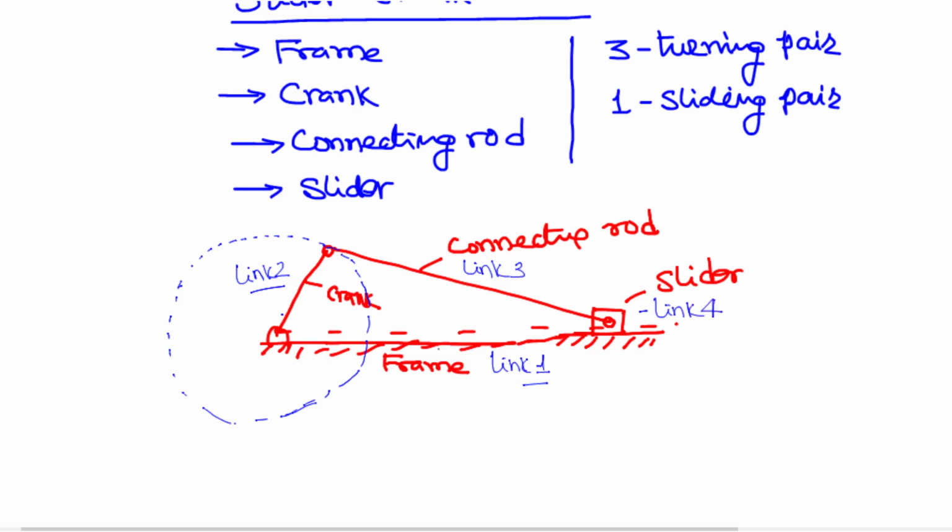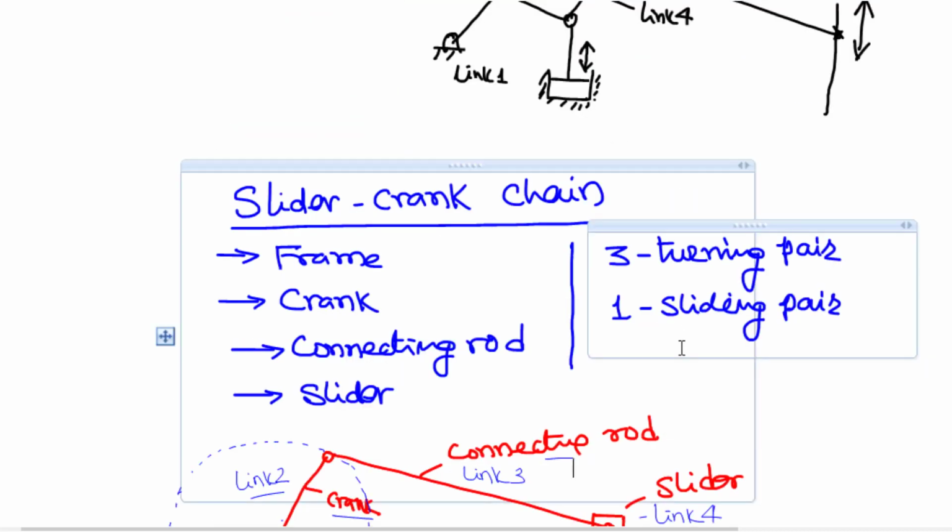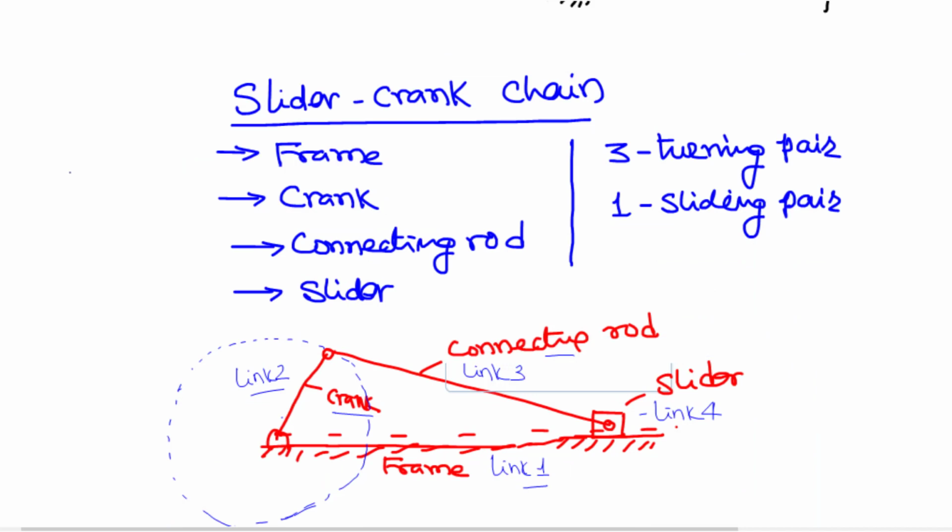Link 1 is frame, link 2 is crank, link 3 connecting rod, and link 4 is slider. So this is single slider or slider crank chain.